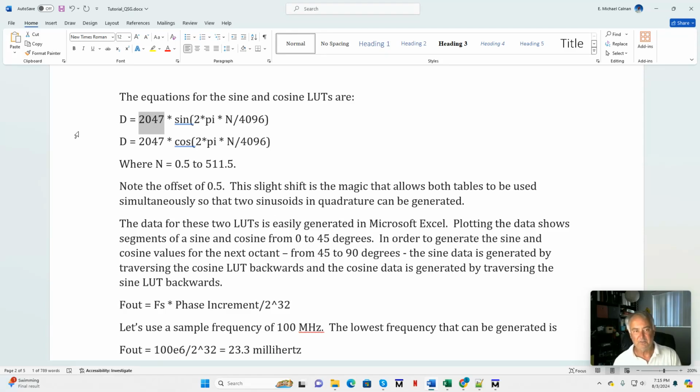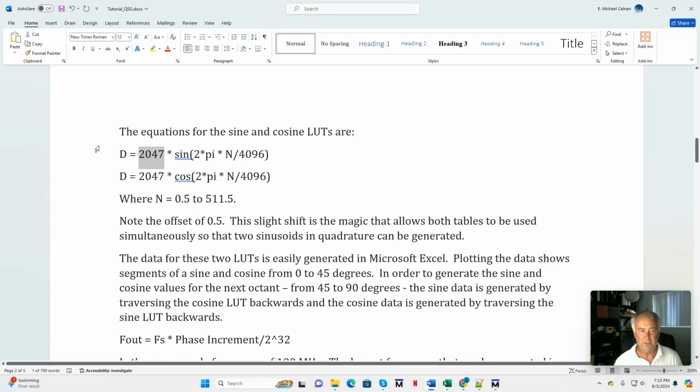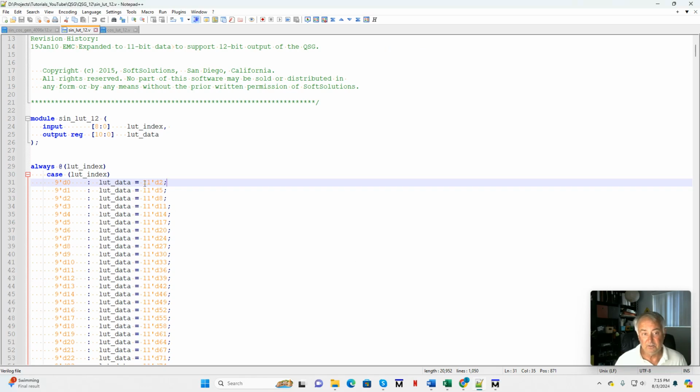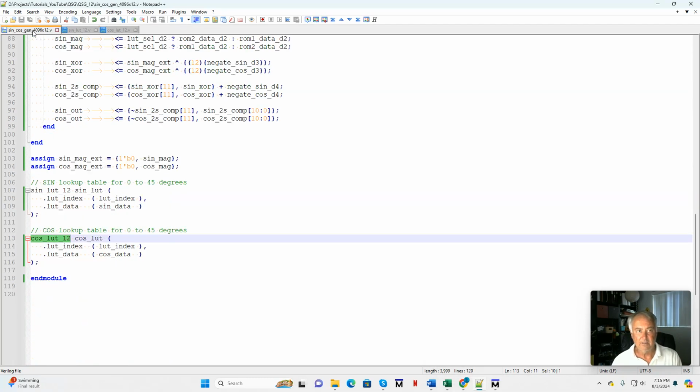I'm going to keep it symmetrical. So it'll go from positive 2047 to negative 2047 as I go through. Since I'm only storing the first 45 degrees, all my numbers are going to be positive, and therefore I don't need 12 bits to store the data. I only need 11 bits, which is why you see these values are just 11-bit values. We'll take care of creating the full sine 12-bit value in the math above the level of the lookup table.